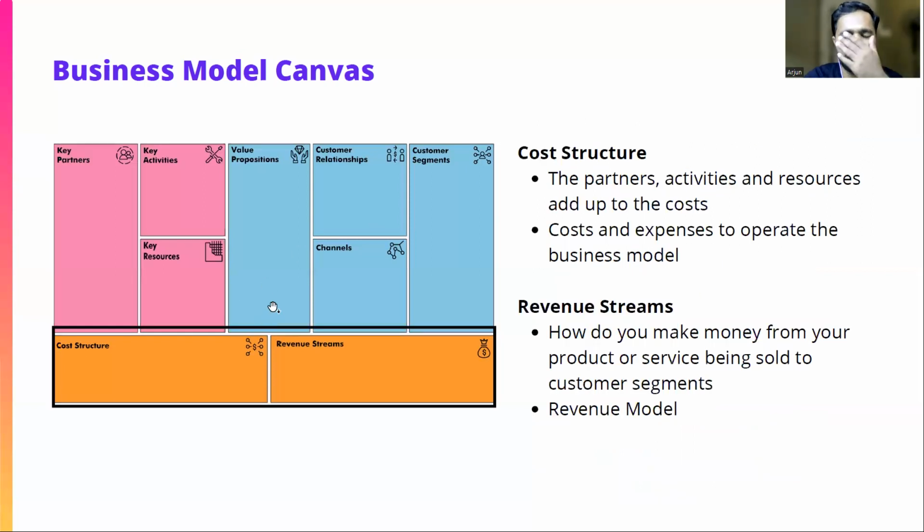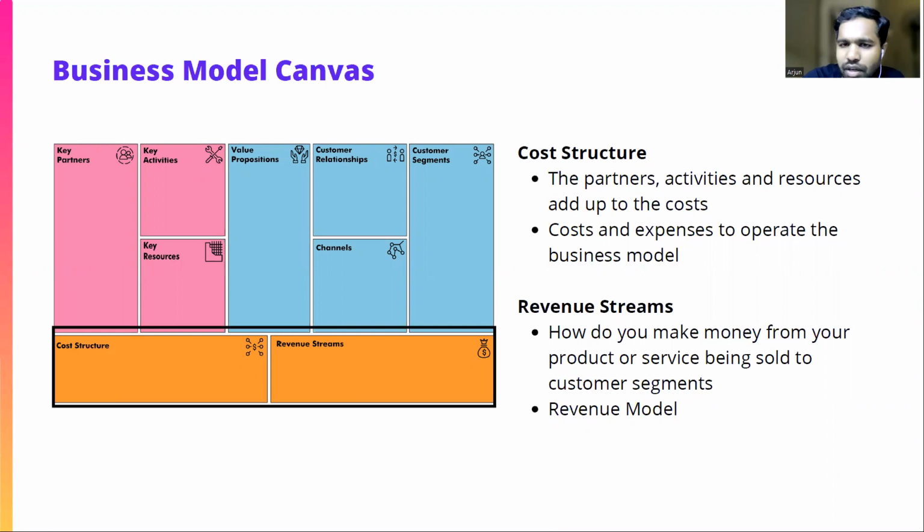And once you have jotted down all of these things, all of them will impact your cost structure and revenue stream. All the partners, activities, resources, whatever you are going to engage with, are going to add up to the cost, and all of these costs and expenses are going to eat up the money you have. And how much revenue are you going to make, what is the revenue model, whether it is a simple or a complicated revenue model.